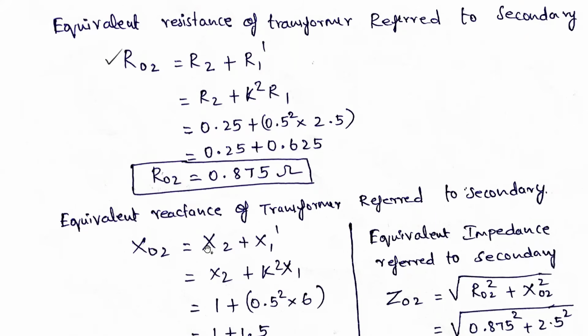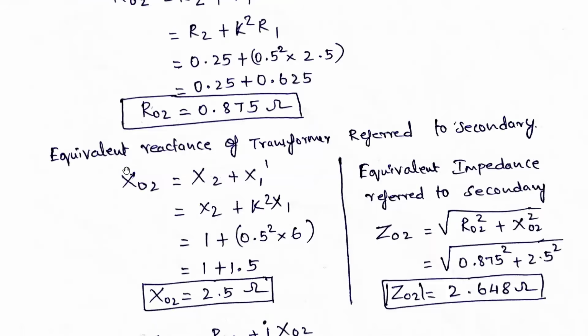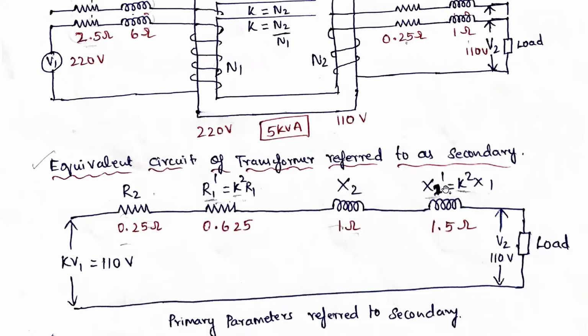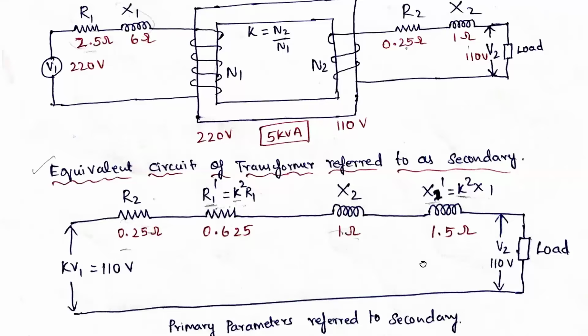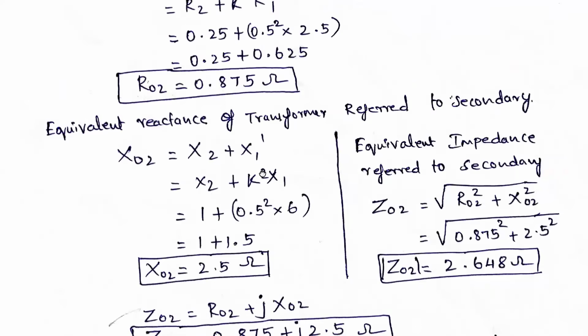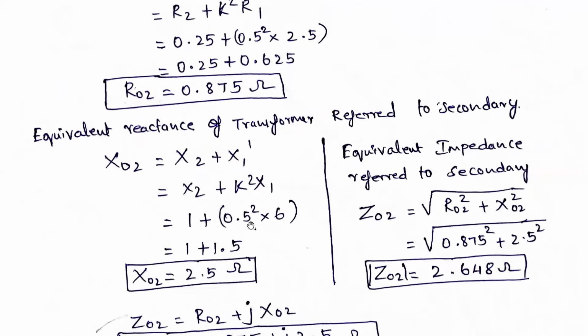That is R naught 2. Next, we are calculating the equivalent reactance of the transformer referred to second. That is X naught 2 is equal to X2 plus X1 dash. So X1 dash, we already calculated here itself. So K squared into X1. So 0.5 squared into X1 is 6.